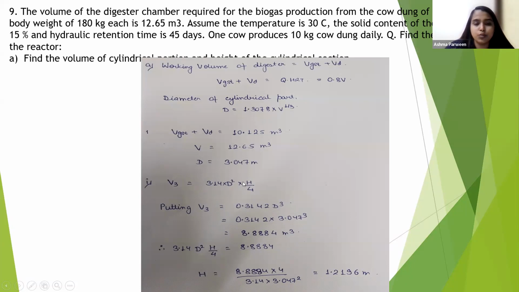Now we know the volume of the cylindrical part and we will find the height using the formula, volume of cylinder is pi d square h by 4. We know d. We solve and we get the value of h as almost 1.22 meters. So I hope this is clear. If anyone has any doubt, you can ask me, or otherwise we'll move to the next part.